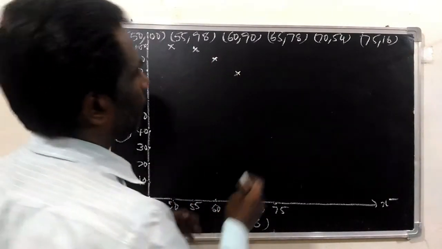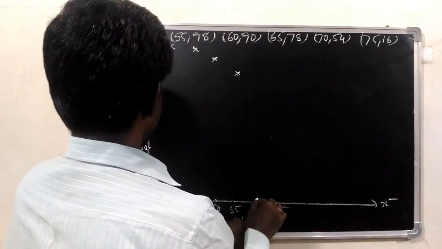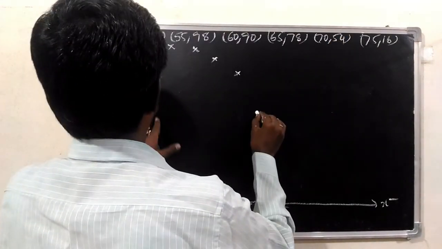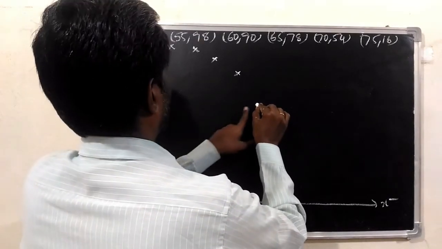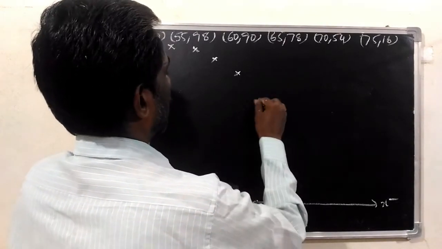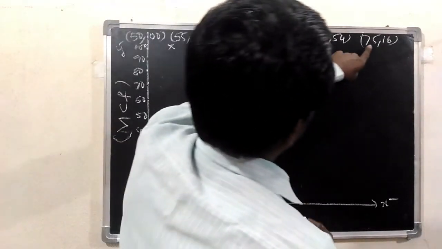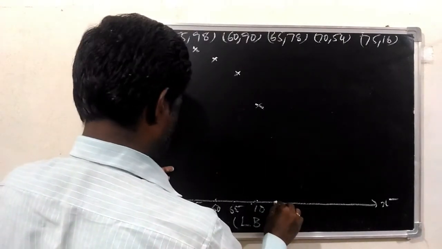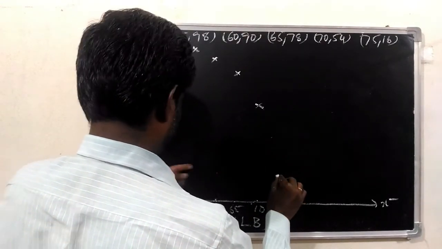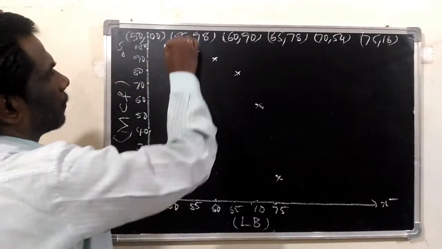Then 70 comma 54, above 50. And next 75 comma 16, which is below 20. Now we have to join these points.